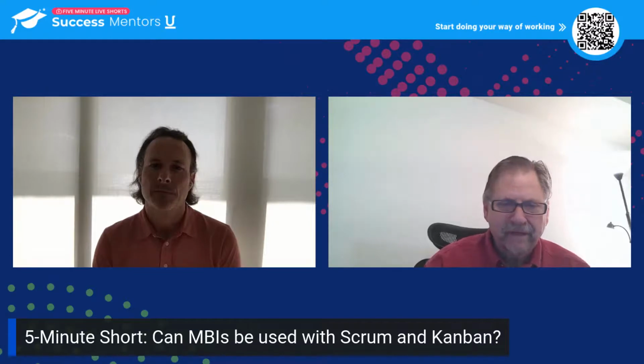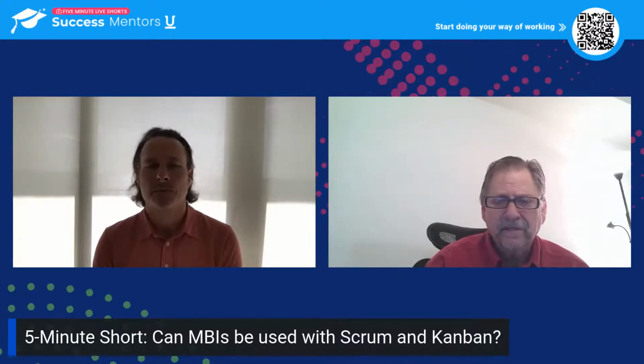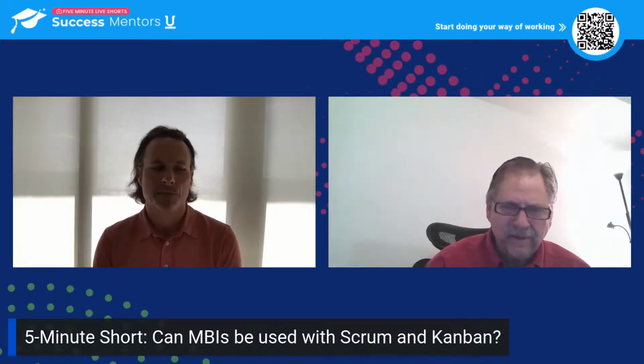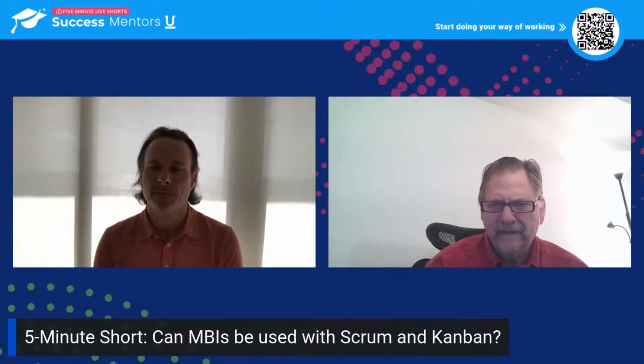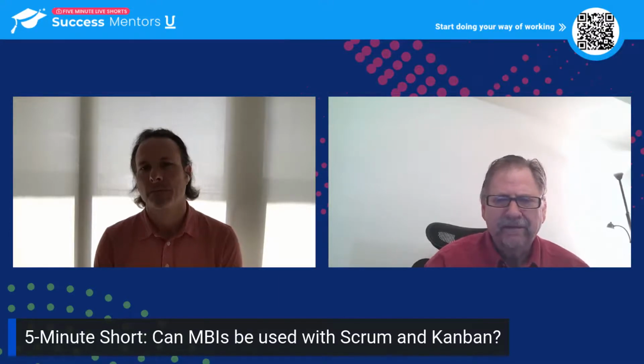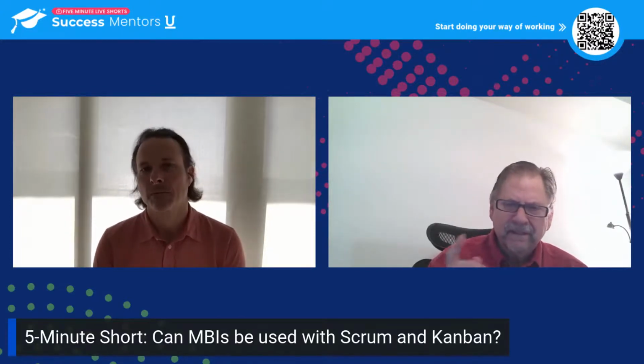The Kanban method is often done in little steps, the Kaizen approach. MBIs may or may not be consistent with that if somebody says we only do Kaizen, because MBIs might cause a big jump in change. But you could definitely do it, and you should have a conversation. The Kanban method, as far as I know, doesn't preclude anything, even if it's not totally consistent with Kaizen. But again, this is the thing to look for.